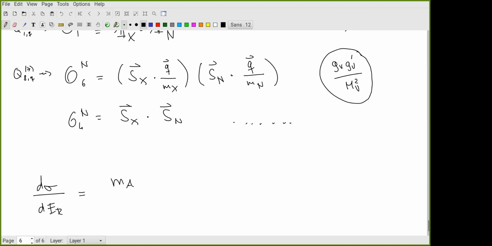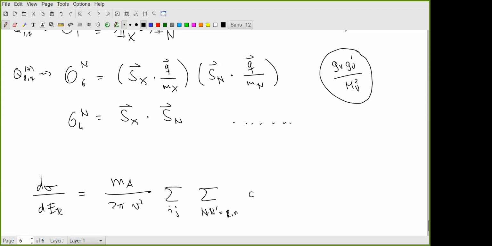It's just the mass of the nucleus, which is just a normalization, divided by 2 pi v squared, where v is the dark matter velocity, and then it's a sum over all these operators, or rather over all these matrix elements of these operators for both protons and neutrons. So there's a sum over i, j, and then a sum over n and n prime, which can be protons and neutrons.